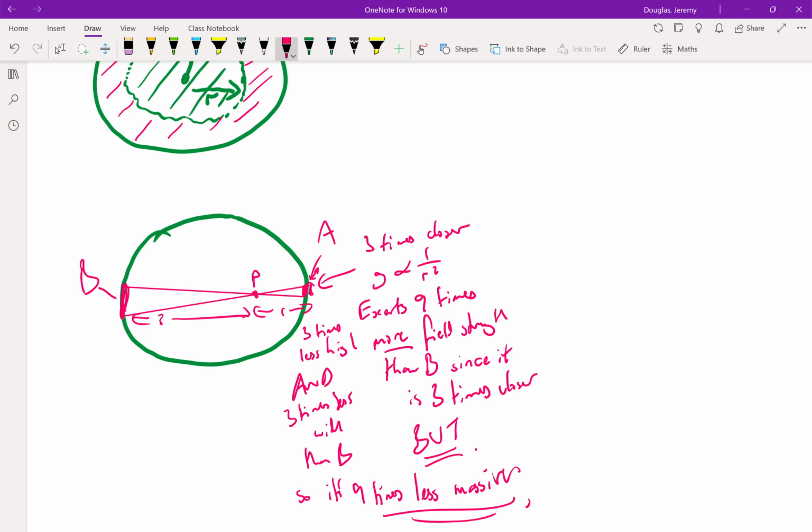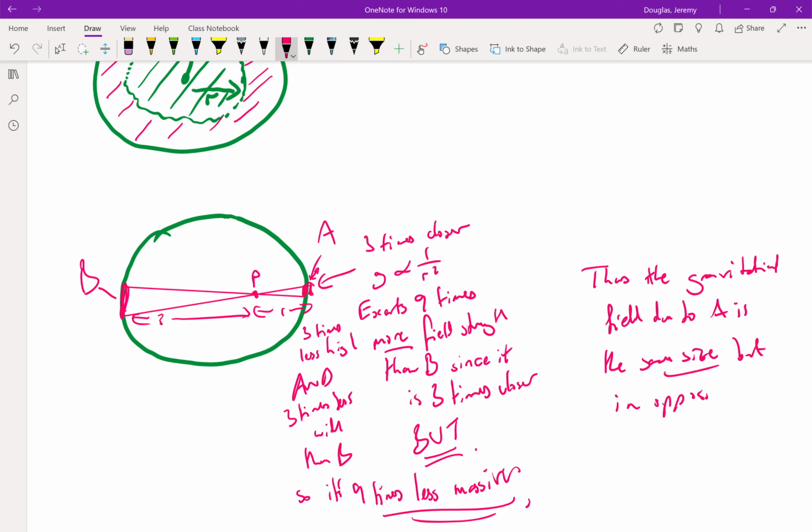That's the business end. So therefore, the gravitational field due to A is the same size, but in opposite direction to that of B, and cancels out.